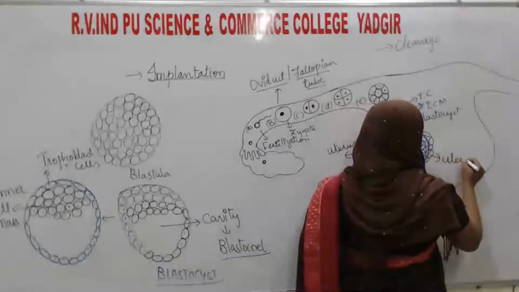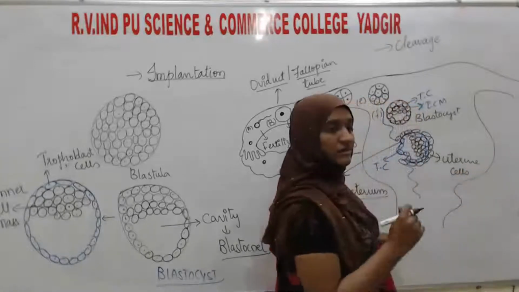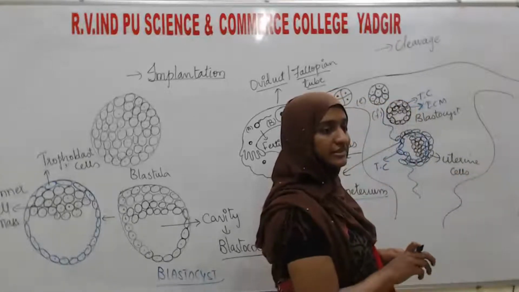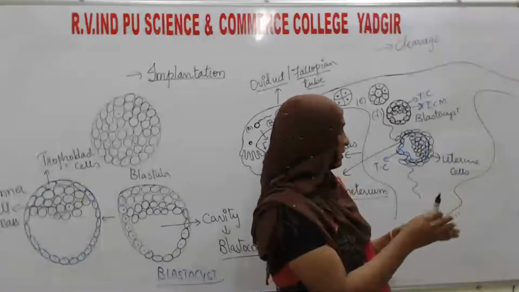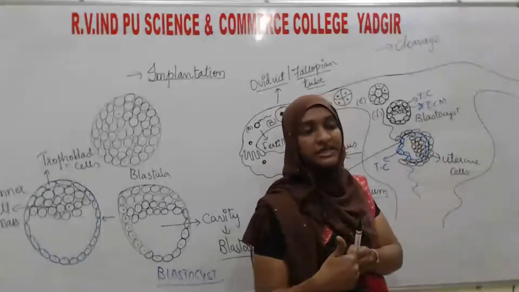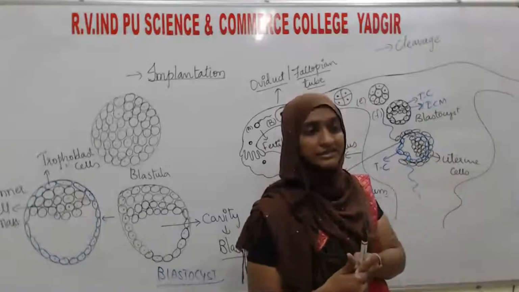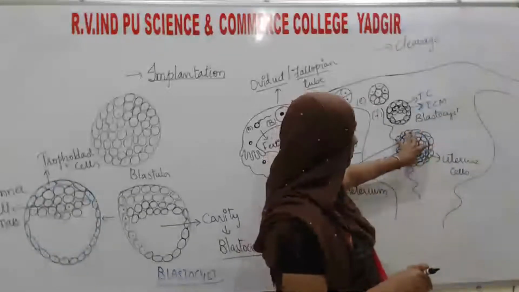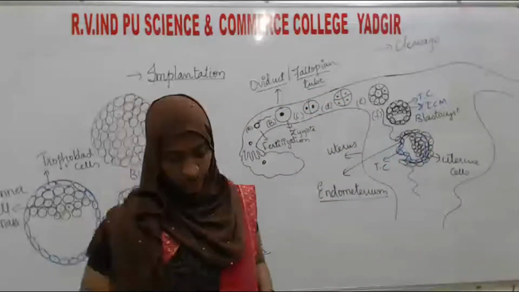These cells will cover the blastocyst totally. They will cover it and take it inside the endometrium. This whole structure is going to be engulfed by the uterine wall layer.